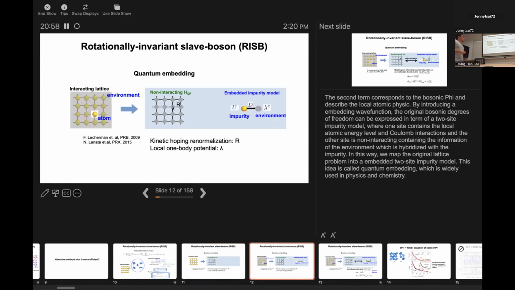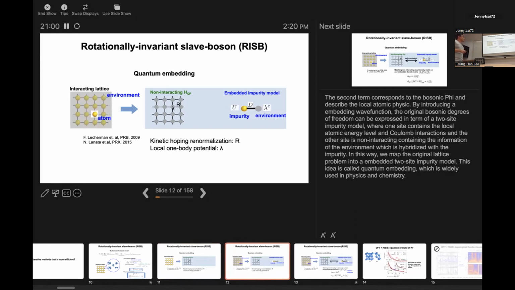We also map this interacting lattice to an impurity model. Different from DMFT, our environment is approximated by just an atom, which has the same number of orbitals as the impurity. D describes the hybridization between the impurity and the environment, and lambda c describes the potential on this environment atom.